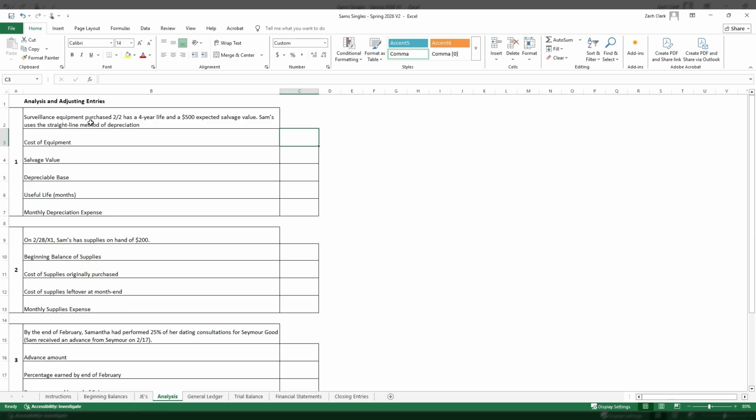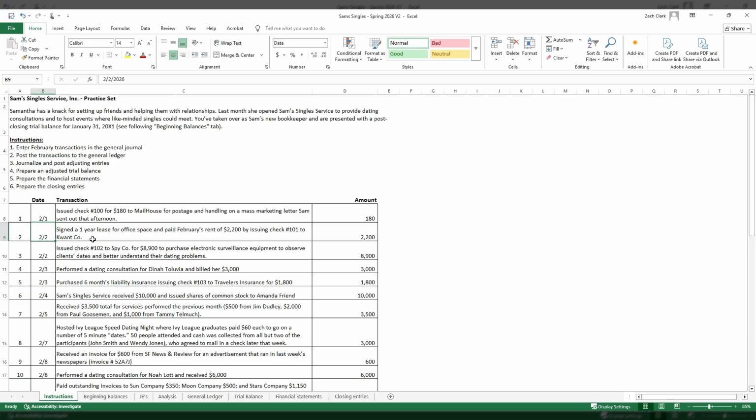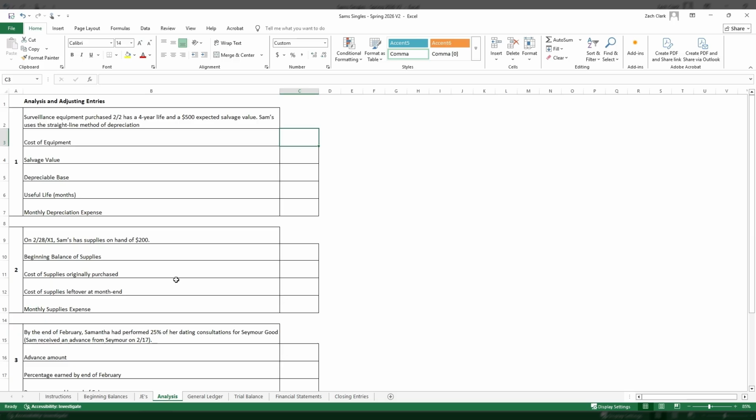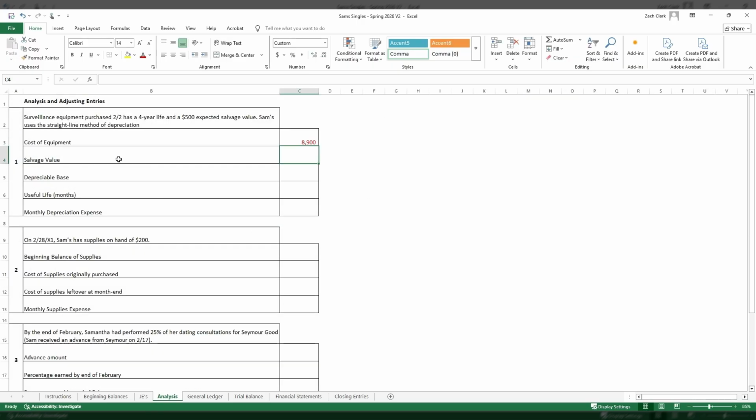Surveillance equipment purchased on 2/2. So if we go back to 2/2, that was this one. So $8,900. So we can go ahead and link in the cost of that equipment while we have that amount there. It has a 4-year life and a $500 expected salvage value, and the company uses the straight line method for depreciation.